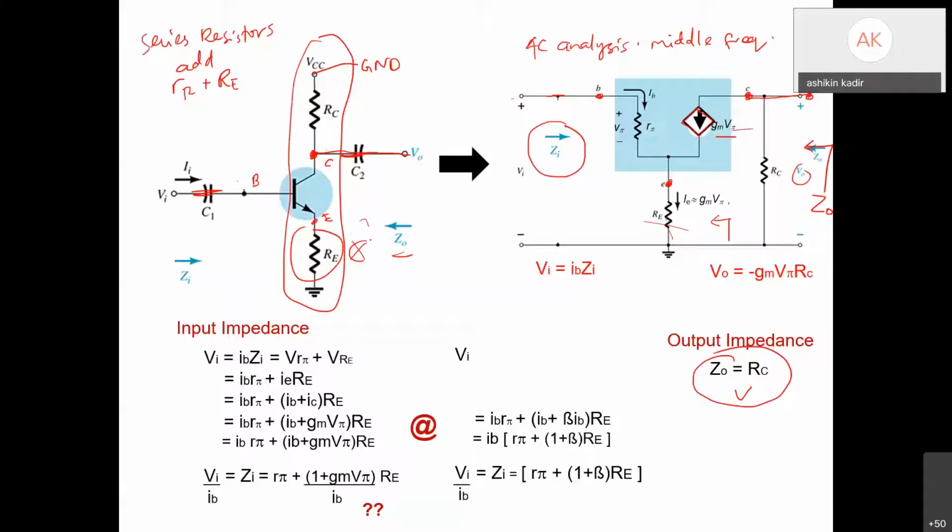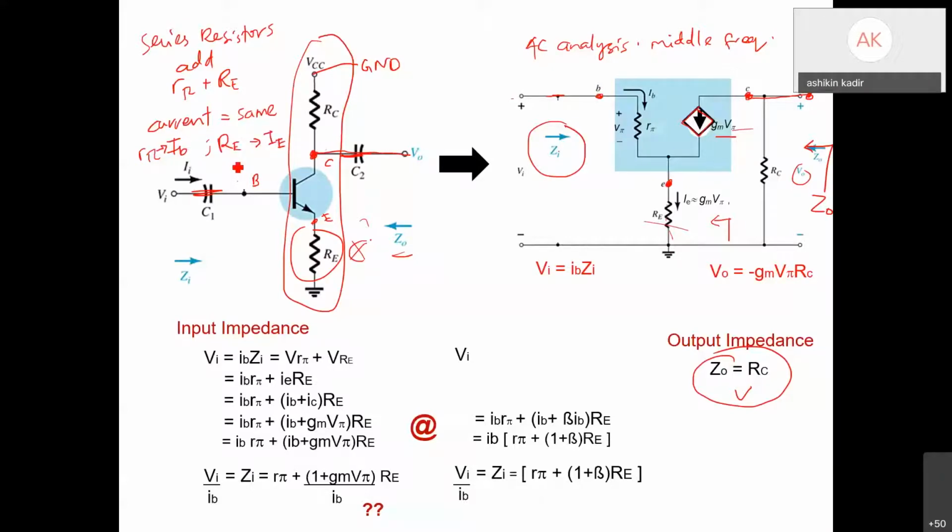Why? Because the current through r pi is different compared to IE. To add series resistors, the current must be the same, right? But here the r pi current is IB, while the RE current is IE.